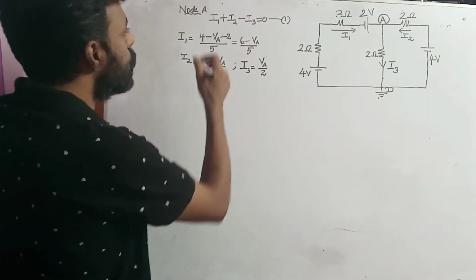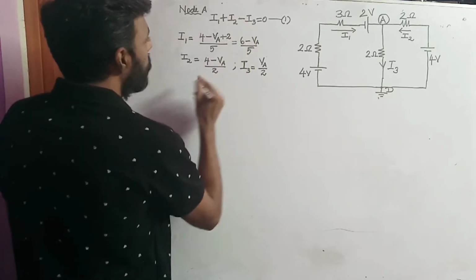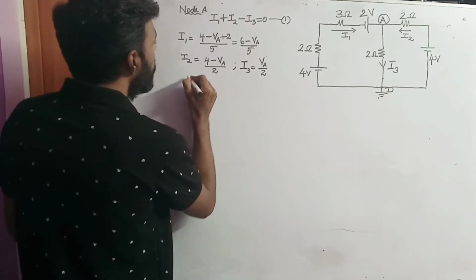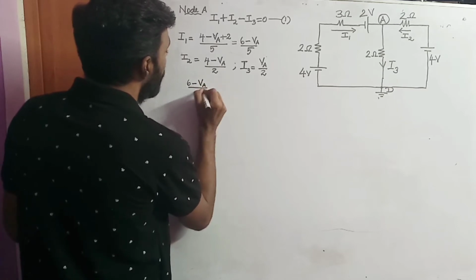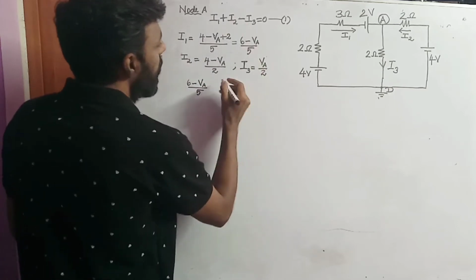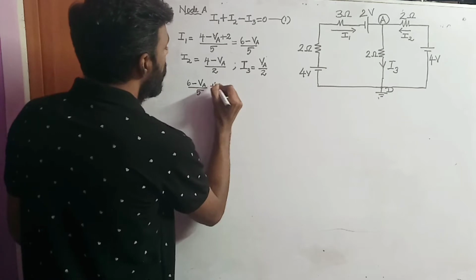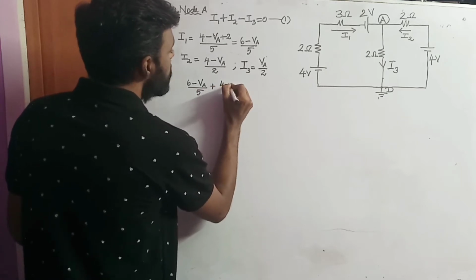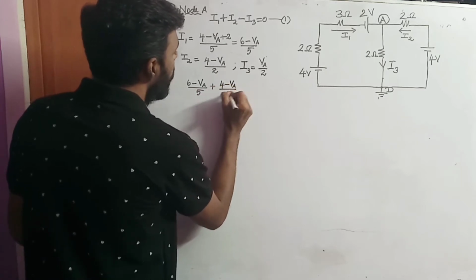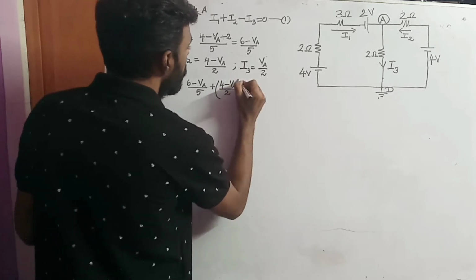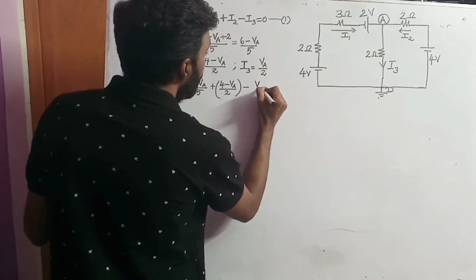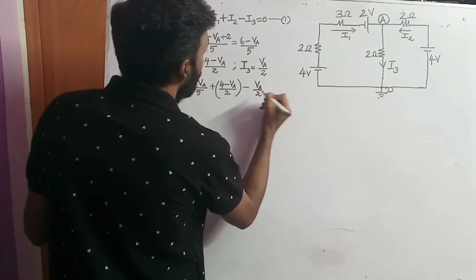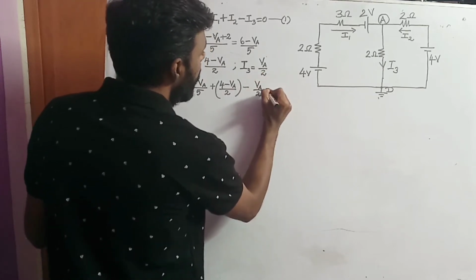So using this, I'm going to substitute in this main equation. If I substitute, it will become I1, which is 6 minus VA divided by 5, plus I2, which is 4 minus VA divided by 2, minus I3, which is VA divided by 2, equal to 0.